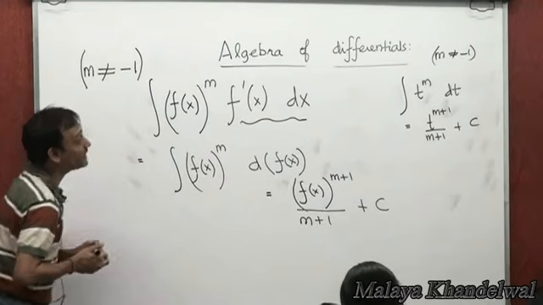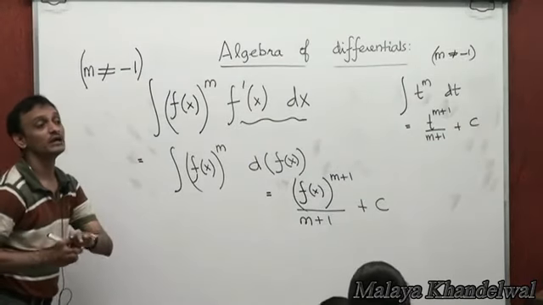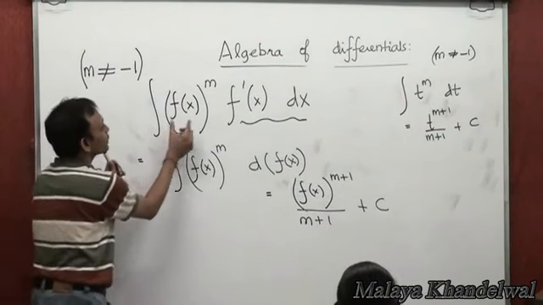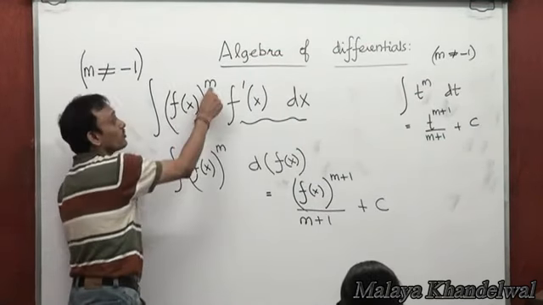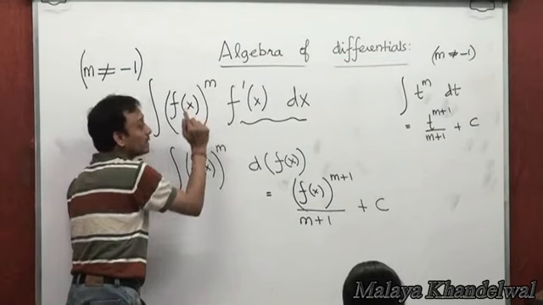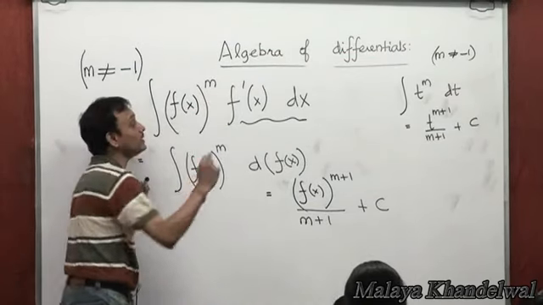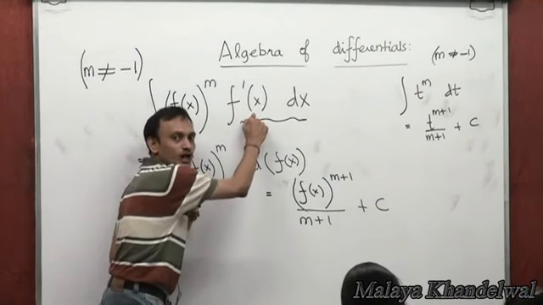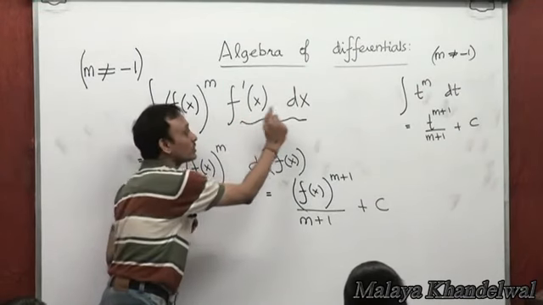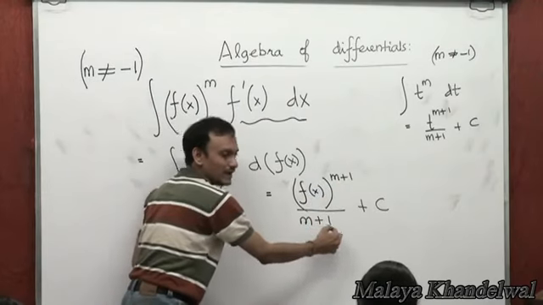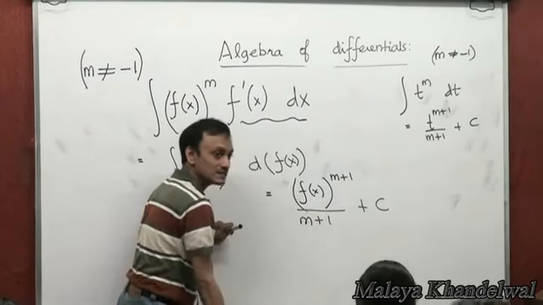So the integrals we are talking of are of the kind where you have a function raised to a certain power not equal to minus 1, into the derivative of the function. Such integrals would be function to the power m plus 1 by m plus 1, plus c.